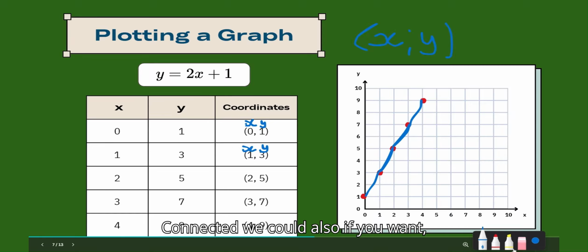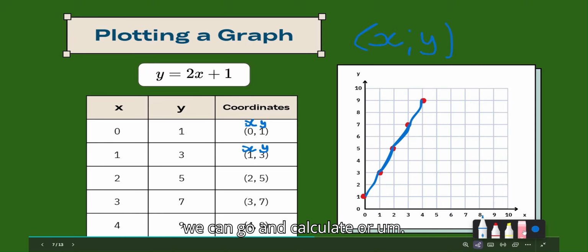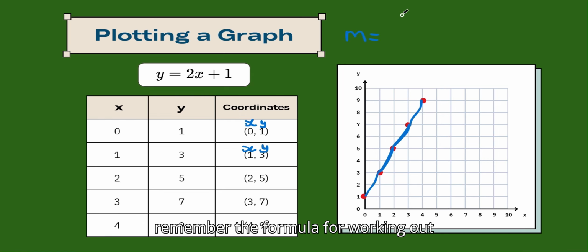We can also, if you want, calculate our gradient. So let's just check if that would make sense. Gradient is m. Can you remember the formula for working out the gradient? It is the difference between the y values, divided by the difference between the x values. You can choose any two points.